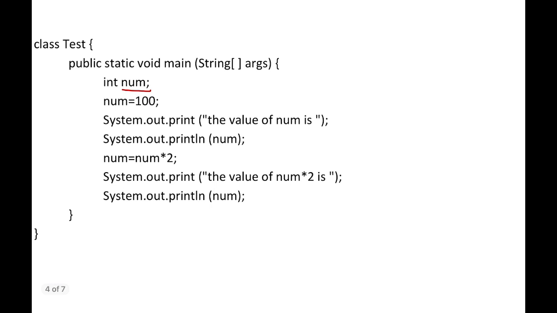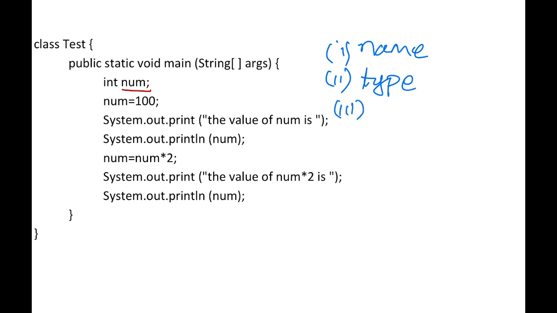So every variable has a name, then also have a type, and also size, and also a value. The size depends on the type.